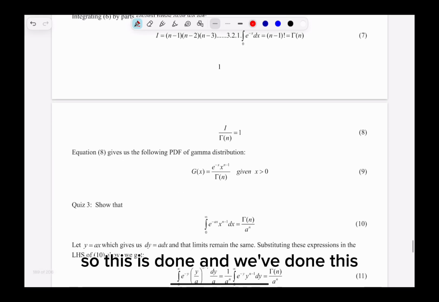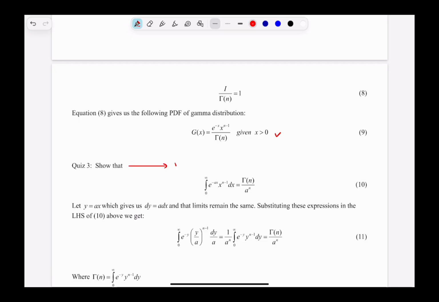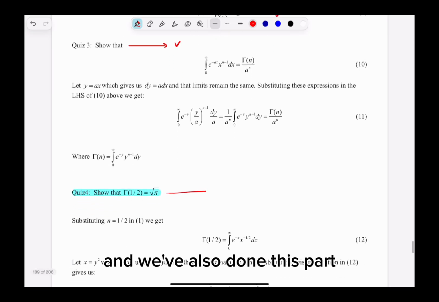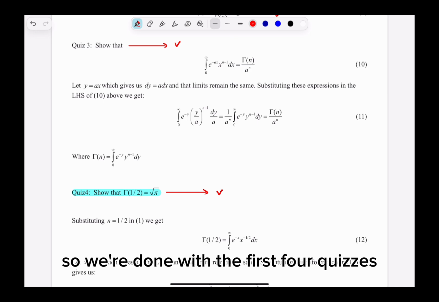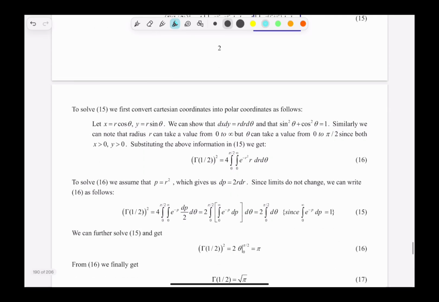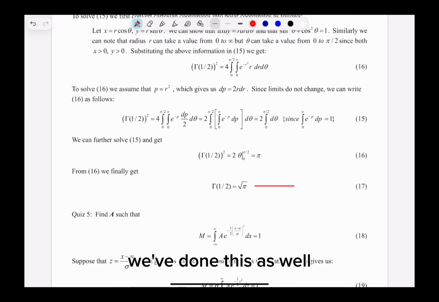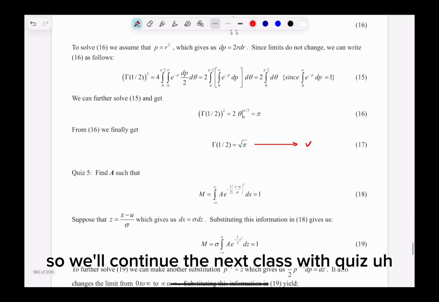And we've done this as well, and we've also done this part. So we're done with the first 4 quizzes. Actually, I've done this as well. In the next class we can continue, so we'll continue with quiz 5.